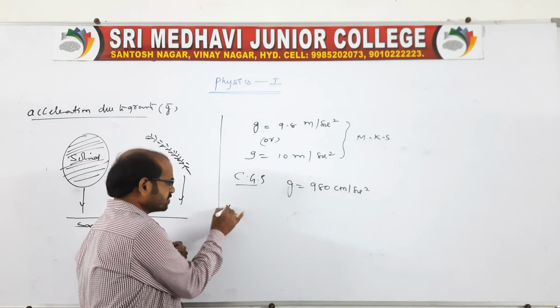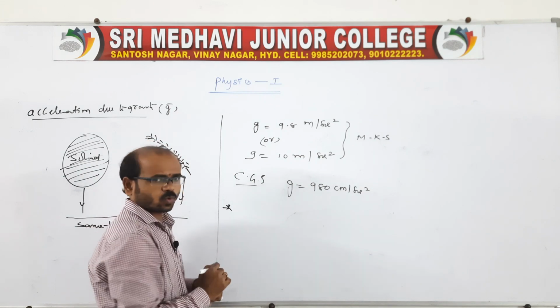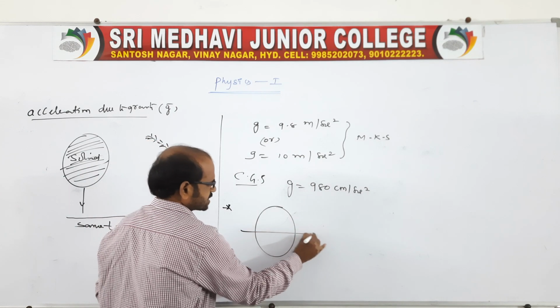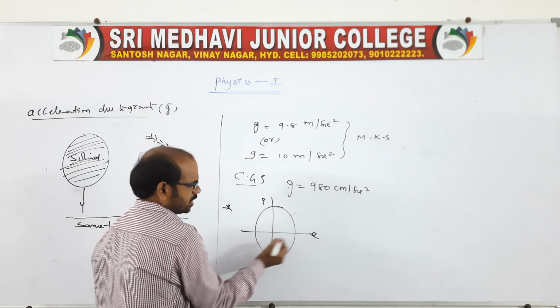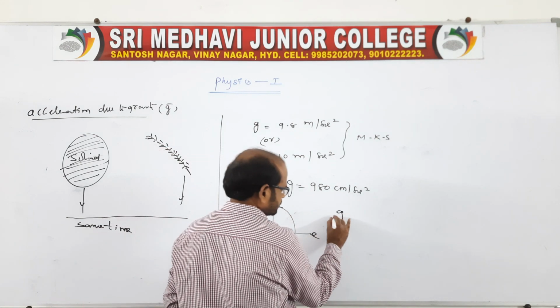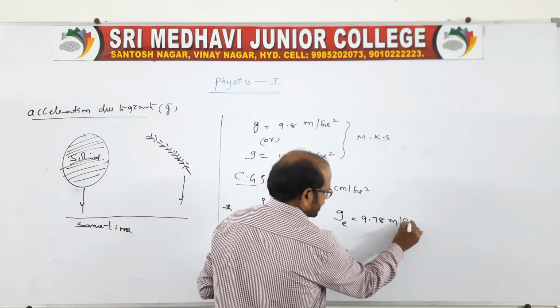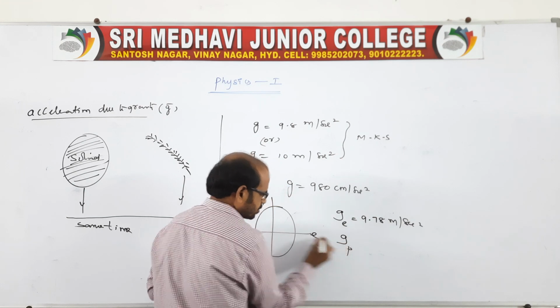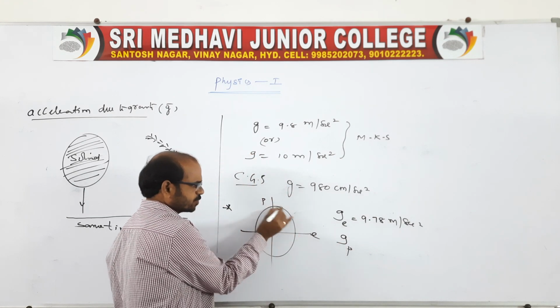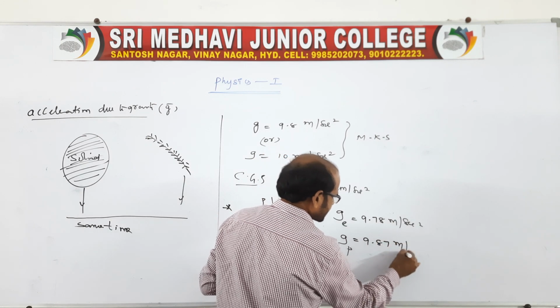The value changes from place to place. Suppose you move from the equator to the pole. At the equator, g is equal to 9.78 meter per second square. And at the pole, it is 9.87 meter per second square.